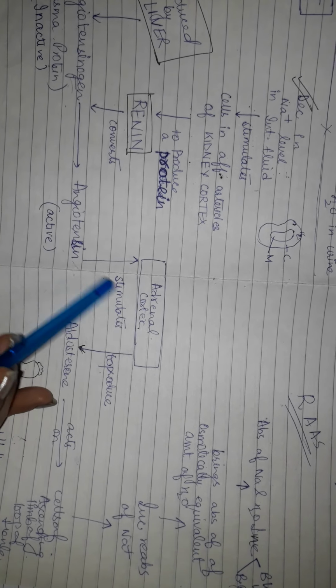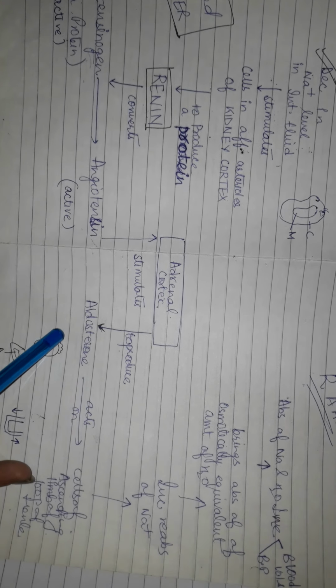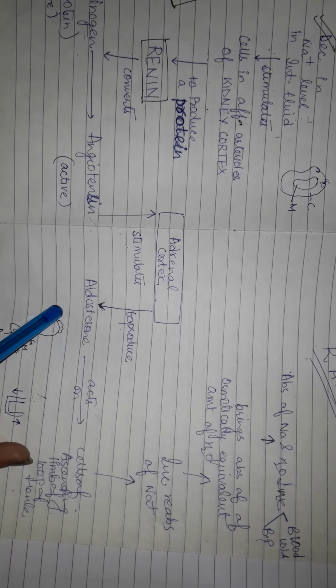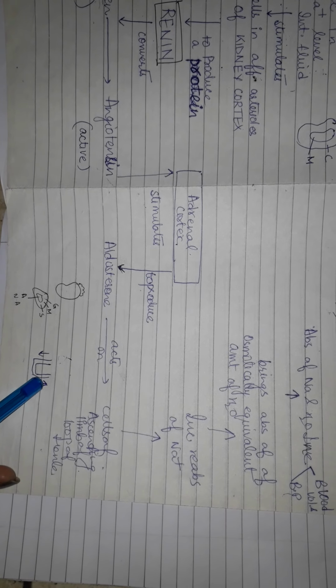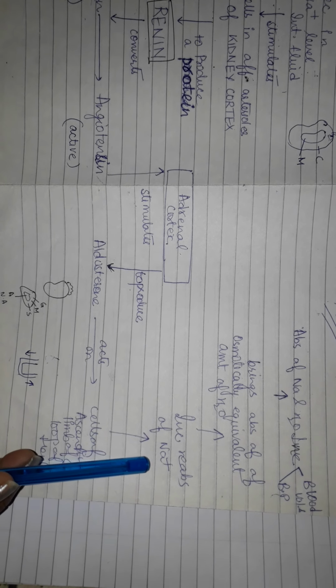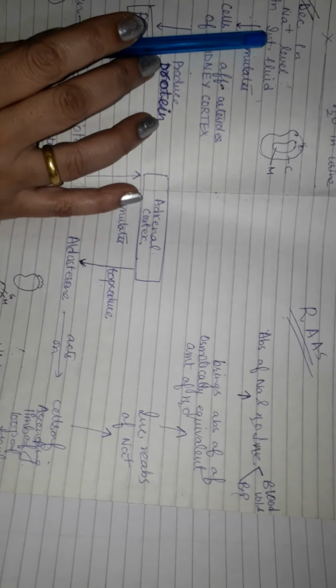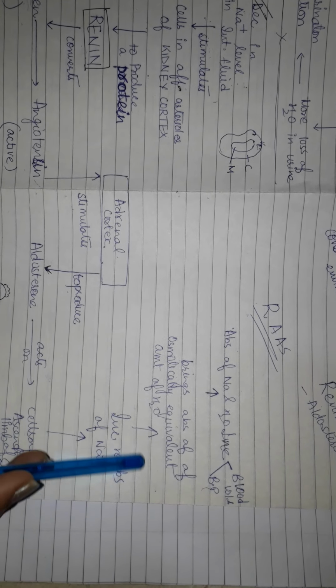Now angiotensin stimulates the cells of adrenal cortex to produce a hormone called aldosterone, which acts upon the cells of ascending limb of loop of Henle to increase reabsorption of sodium ions. This is how the decrease in sodium ion level is corrected.